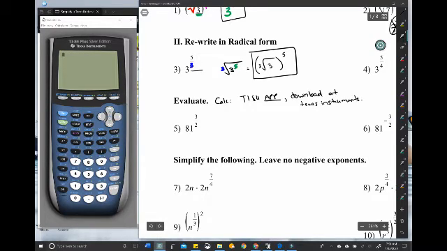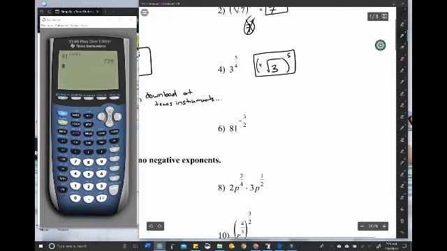I don't know. Otherwise, just type it in, 81 to the 3 halves. You can probably even do it in your phone calculator or something. 81 to the 3 divided by 2. Sorry about that. Make sure you do have the parentheses around the 3 halves. And you get 729. So no shame. Use your calculator. That's okay.